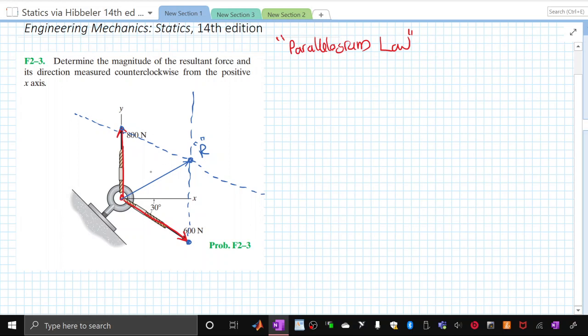So you have this quadrilateral, and the diagonal that goes from one point to another is, geometrically, in terms of lengths and proportions, the resultant force. So this is basically what the parallelogram law says.